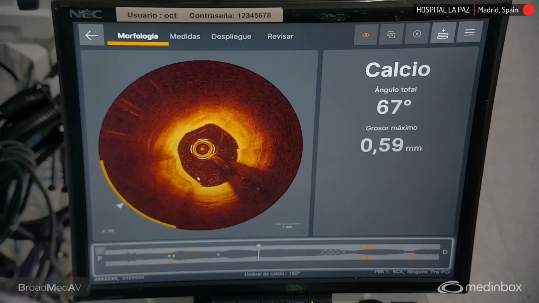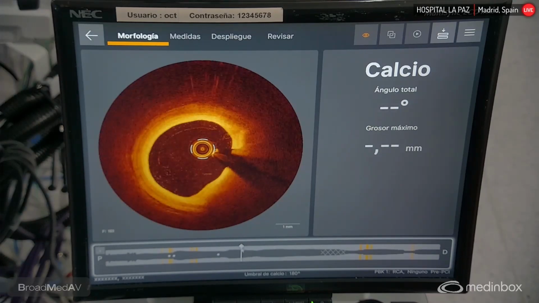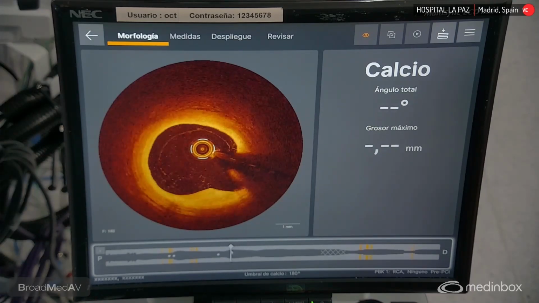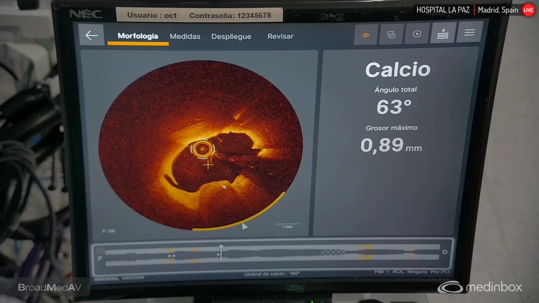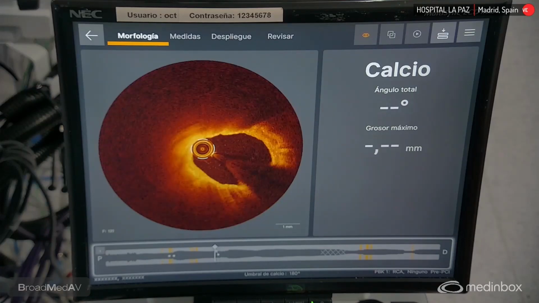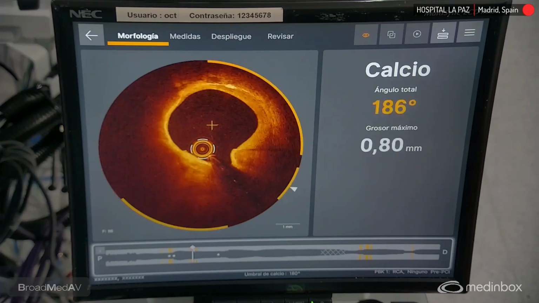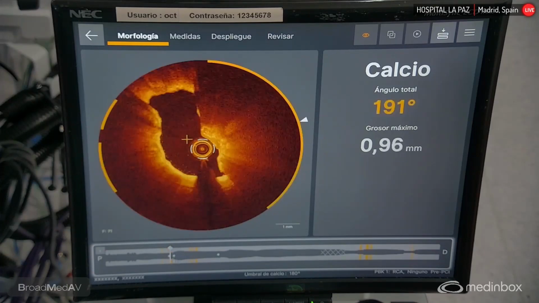The mid part of the right coronary also has superficial calcification. You can see some pools of calcium, not a severely calcified artery. Some nodular calcification, but without stenosis of the lumen. And this is the proximal part.